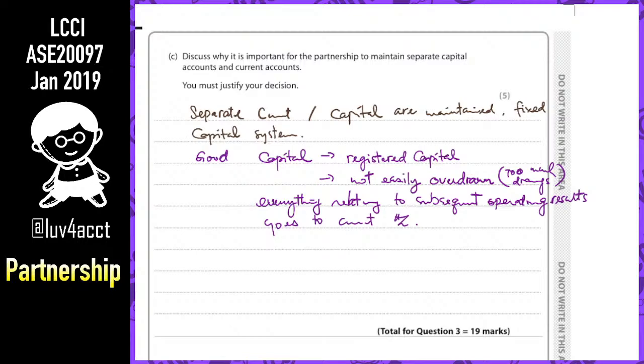But of course, separation also means extra cost and work.